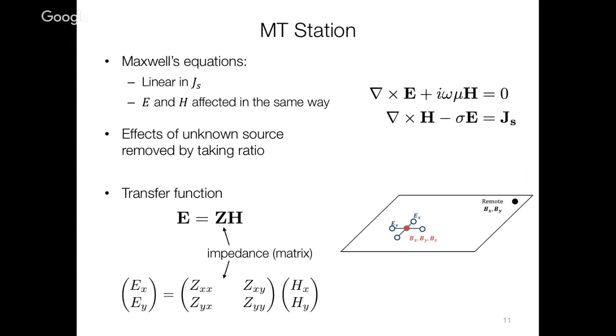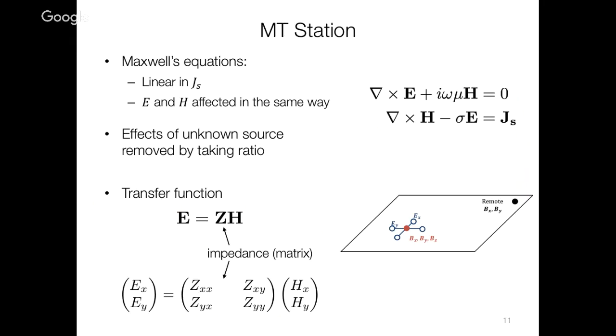And what it does is relate the electric field at some point to the magnetic field. It's a two-dimensional tensor, and it's got these components, and it says that at some particular point, the electric field in the x direction depends a certain amount on the Hx component and a certain amount on the Hy component.